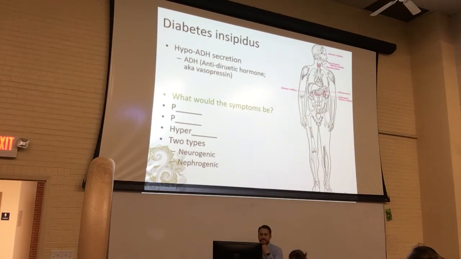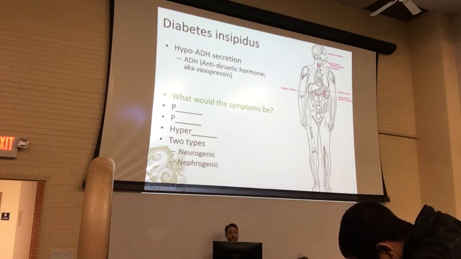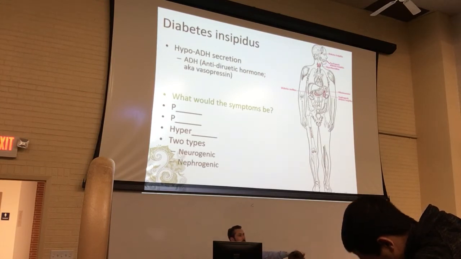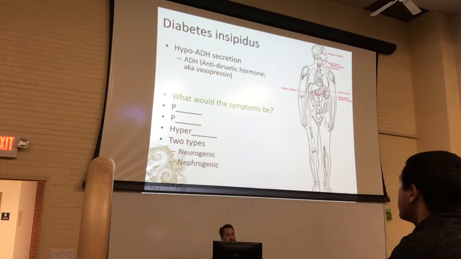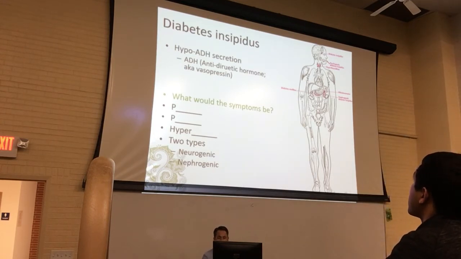In the Latin, diabetes means to siphon, and insipidus means without taste. So you're siphoning off taste. That's what this disease literally translates to from the Latin. This is a disease of the posterior pituitary, diabetes insipidus.